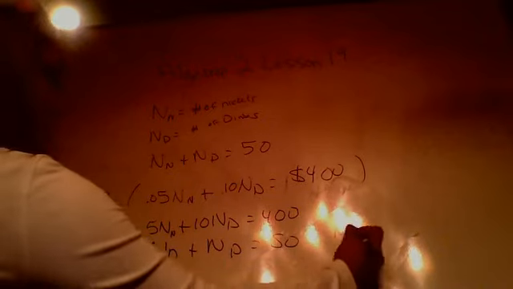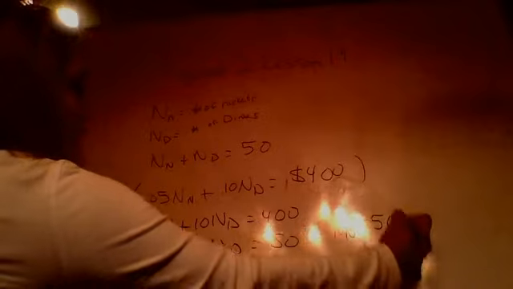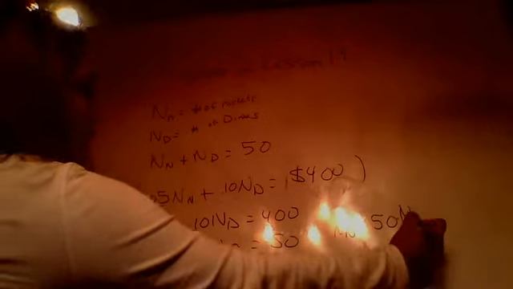Now we've got that n_n plus n_d equals 50. So we can use either the substitution method or elimination. Let's use substitution, and let's solve for, say, n_n. So this becomes n_n equals 50 minus n_d.